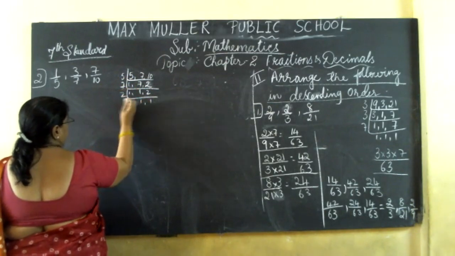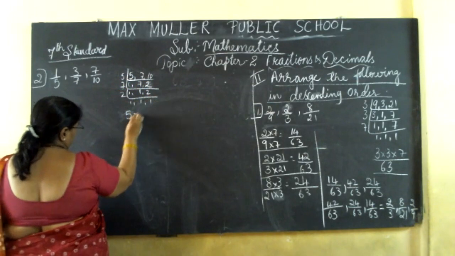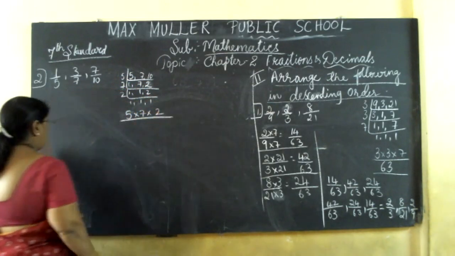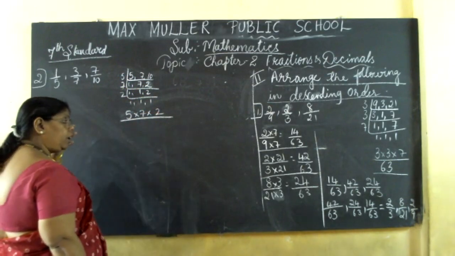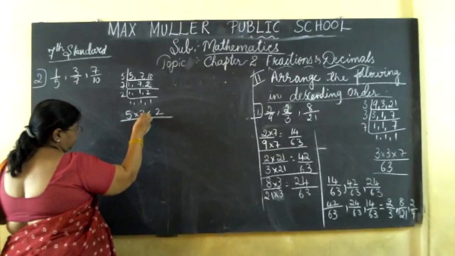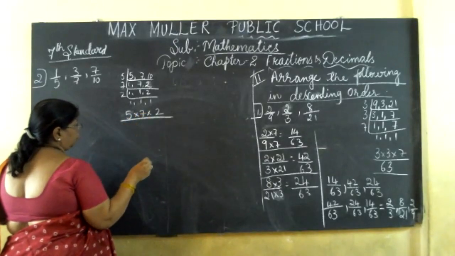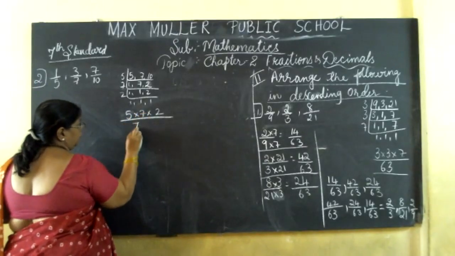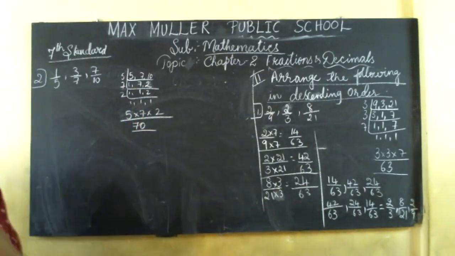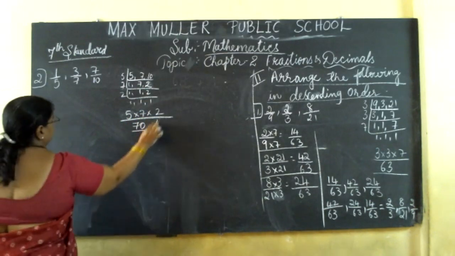You write like this only, so that afterwards when we are converting it into a proper fraction, it will be useful. 5 sevens are, 5 twos are 10, 10 sevens are 70. 70 is your LCM.